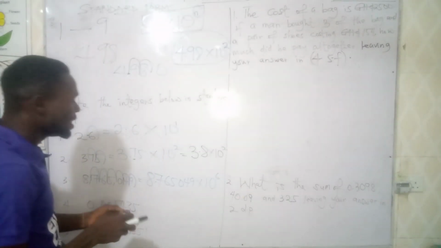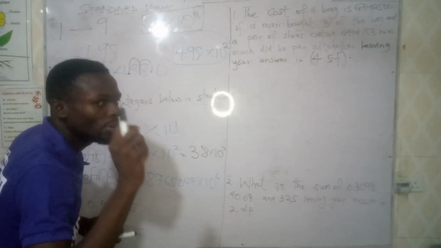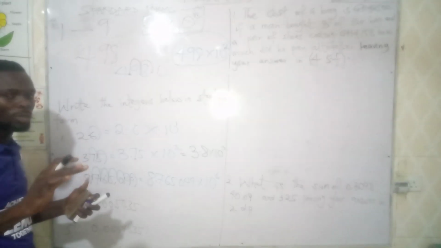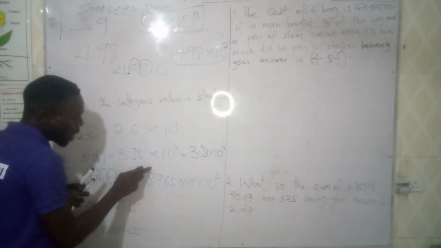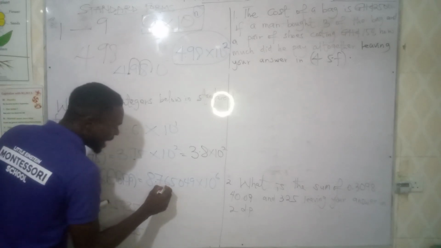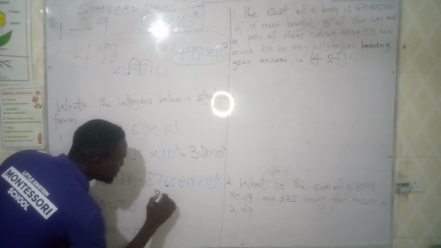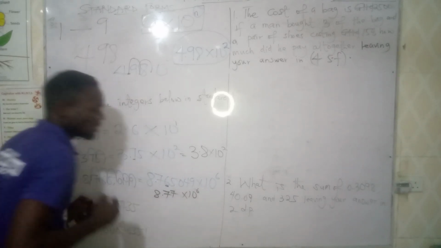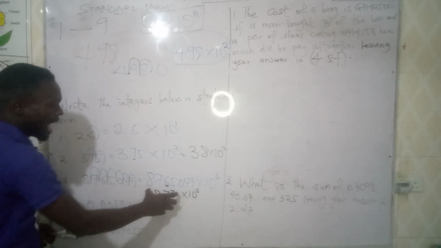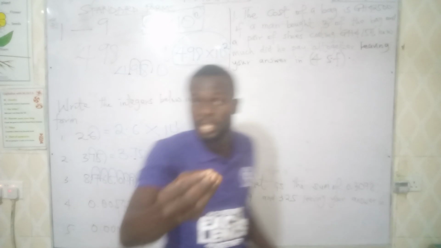If I want to leave this in 3 significant figures, then starting from the very first non-zero digit, 1, 2, 3. This will be my third significant figure. So adding 1 will give me 8.77 times 10 raised to the power 6. This is because I have been told to round it to 3 significant figures.